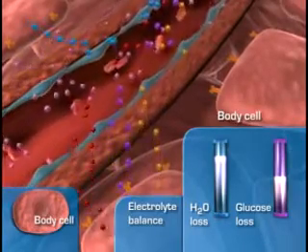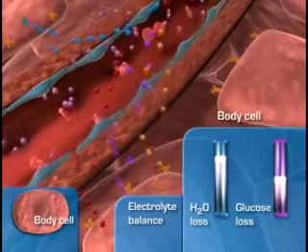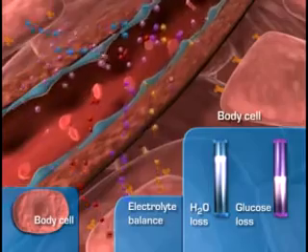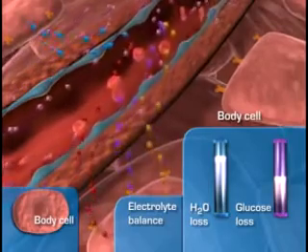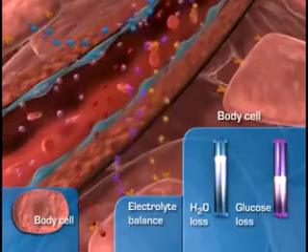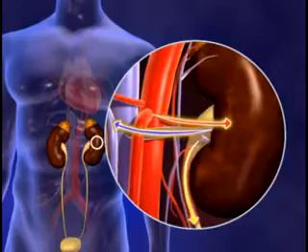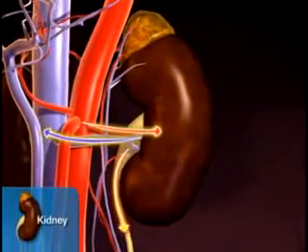A deadly cycle develops as water loss exceeds electrolyte and glucose loss, perpetuating dehydration, which in turn exacerbates the electrolytic imbalance, and so on. Excess fluid is eliminated by the kidneys. Osmotic diuresis often leads to frequent urination called polyuria.